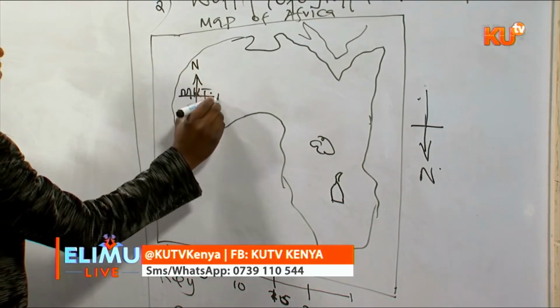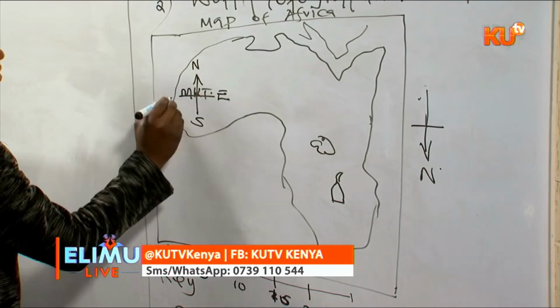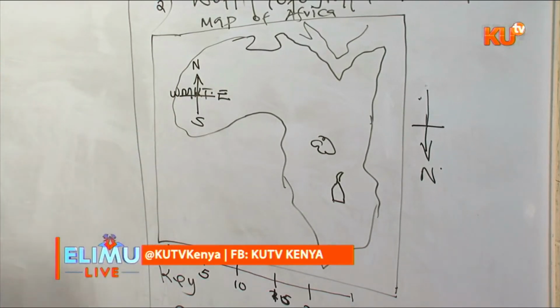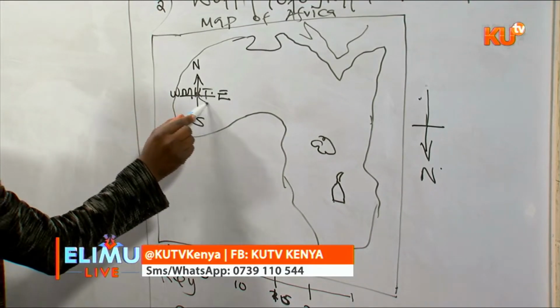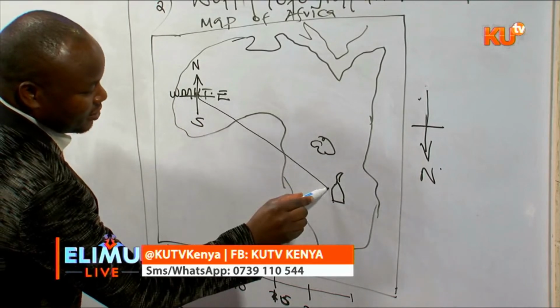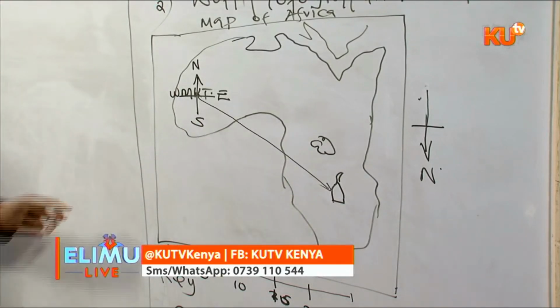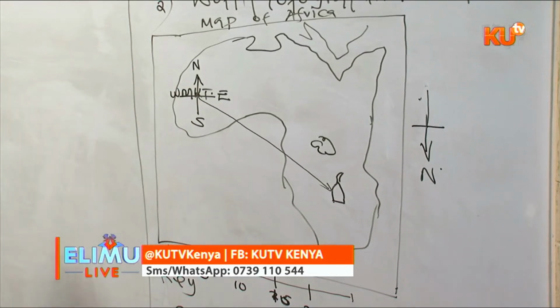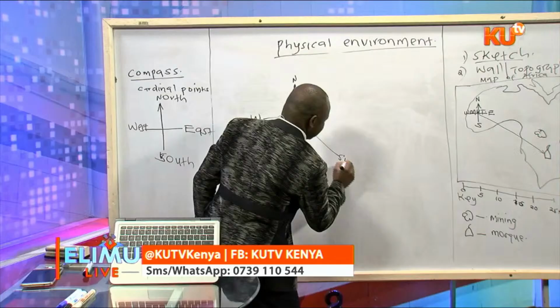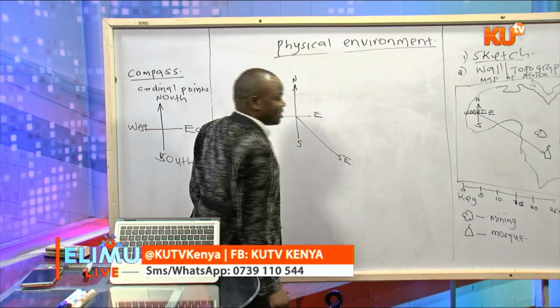The arrow points to the north, east, south, west. Then draw a straight line up to the mosque. Then you are going to take the 2 points. So that is south, east. So our mosque is located in the southeast. The mosque is at this part, that is southeast. That is where the mosque is.